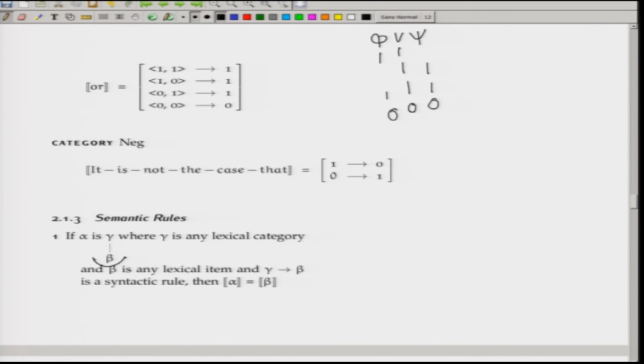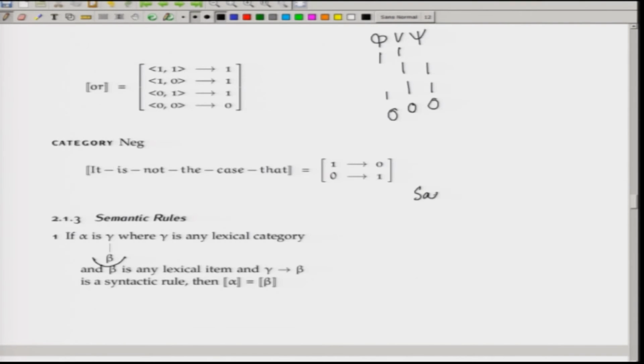So actually it's a very simple thing, it's not complicated. So basically it is saying that, suppose, what is a lexical item? A lexical item is the last thing, it's the end of the branch. So for example, we deal with once again a very simple sentence, say for example Sadie loves Hank.